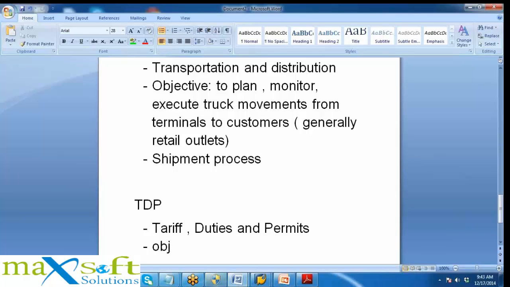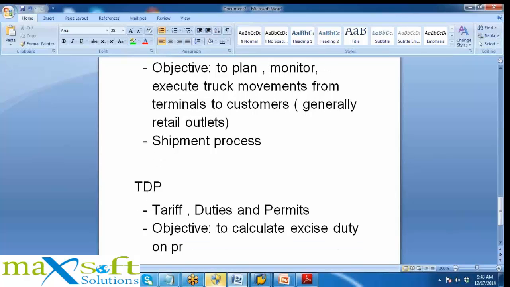The objective of this module is, though it is called tariff, duty or permits, to calculate duty on product movement. Also to take into account licenses and exemptions.